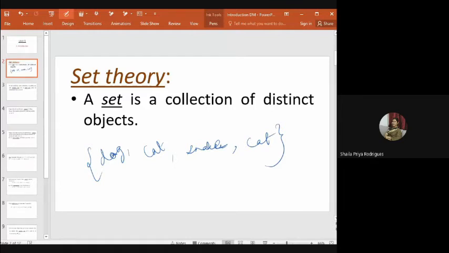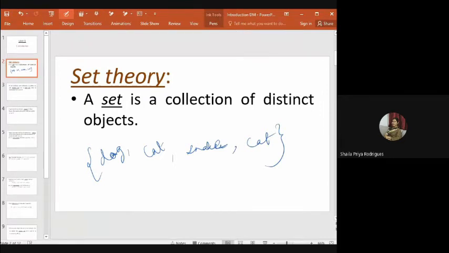So when you come up with a set, the elements in it should not be repeated more than once. All elements should be distinct. So that is what Liu tells us. But there are also sets where you can put one element more than once. They are called multi-sets.